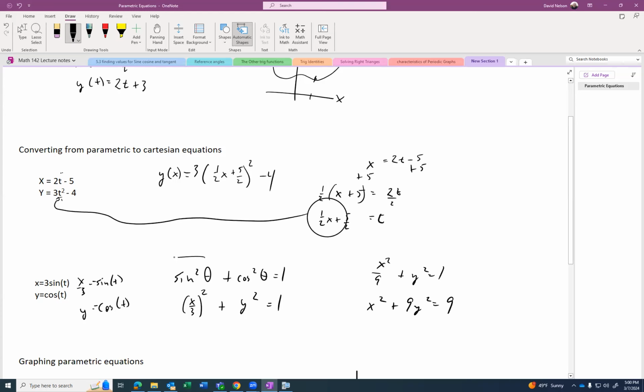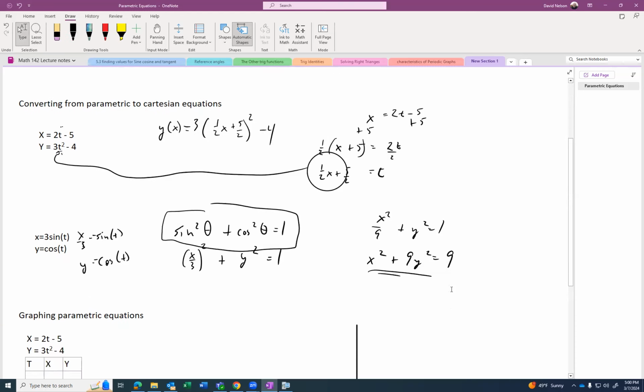When you have both a sine and a cosine mixed in there, working with the trig identity, sine squared plus cosine squared equals 1, generally gets you into a nicer looking form. I mean, you can solve for t, but then you've got that inverse sine, cosine of the inverse sine, and it gets kind of weird in there. It's much easier to use that Pythagorean identity.